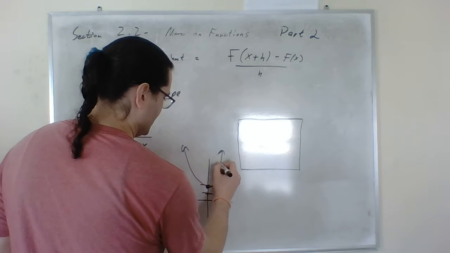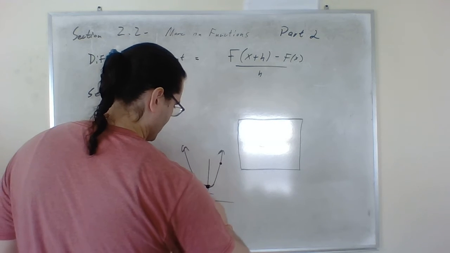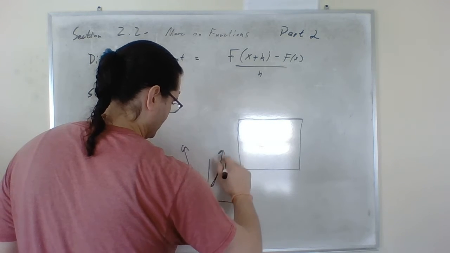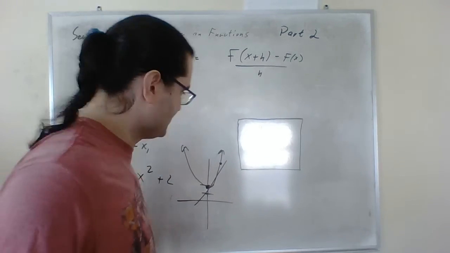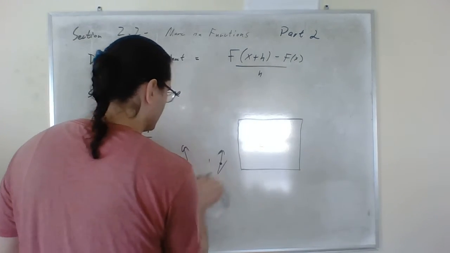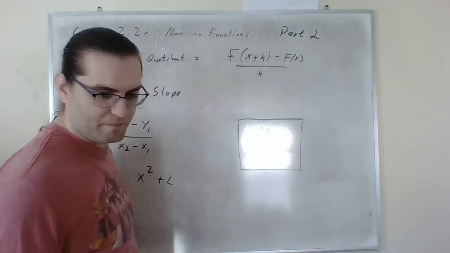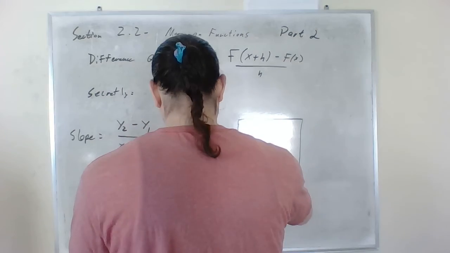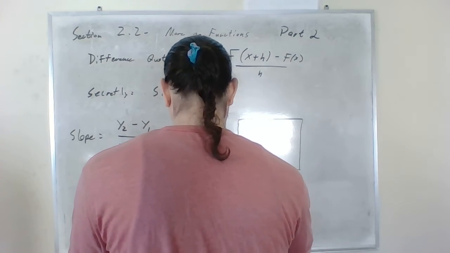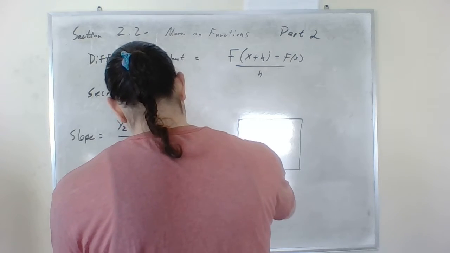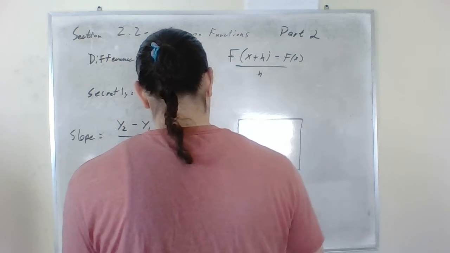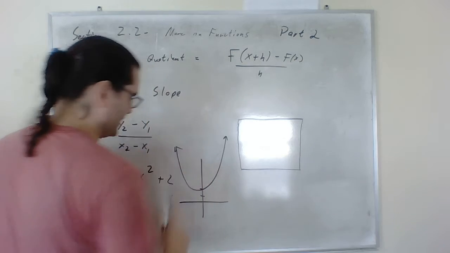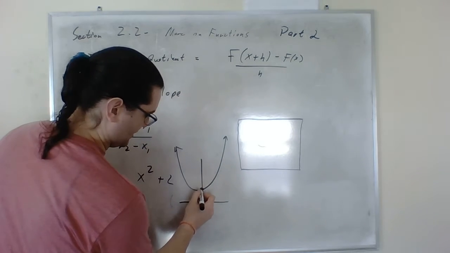Let's say I am interested in the slope of the line. I'm trying to get these things to line up, and they're not lining up. Sure. We'll pretend this is a good graph of x squared plus 2.